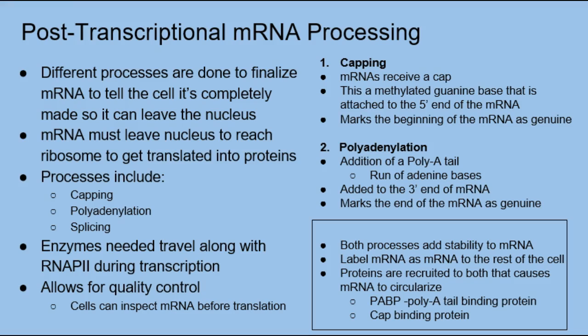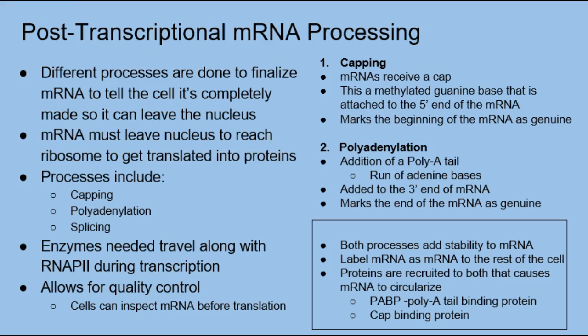So the first process is capping. Capping is when the mRNAs receive a methylated guanine base that is attached to the 5' end of the mRNA, which marks the beginning of mRNA as genuine. Polyadenylation is the addition of a poly-A tail, which is a run of adenine bases.